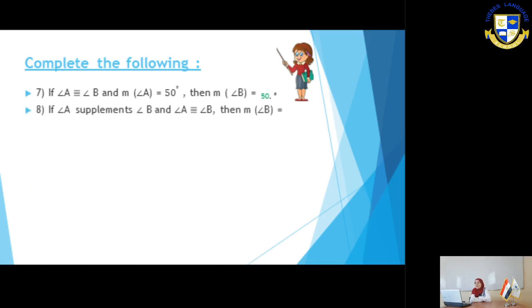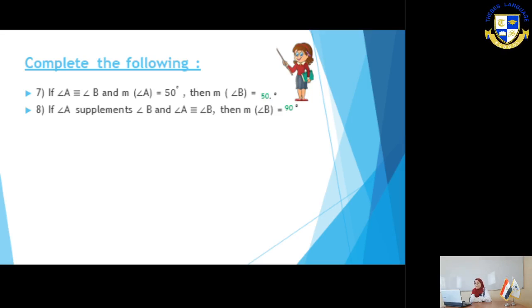Number 8, if angle A supplements angle B, that means the measure of angle A plus the measure of angle B equals 180. And angle A is congruent to angle B, that means they are equal in measure. So the measure of each angle, such as angle B, will be 180 divided by 2 equals 90 degrees.